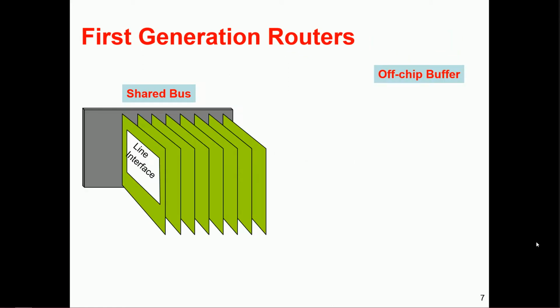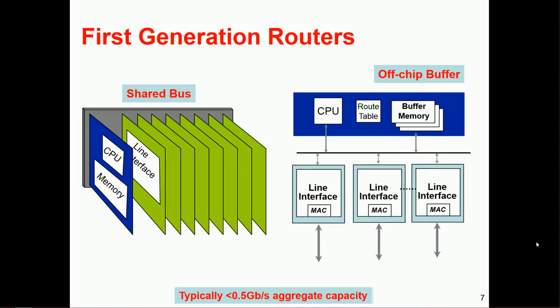So in our first generation of routers, everything was on a shared bus. Our CPU, our memory, nothing was really off-chip. What I mean by off-chip is we had a specific plane for our CPU, our routing table, and our memory. From there, part of that shared bus, we had our line interfaces.